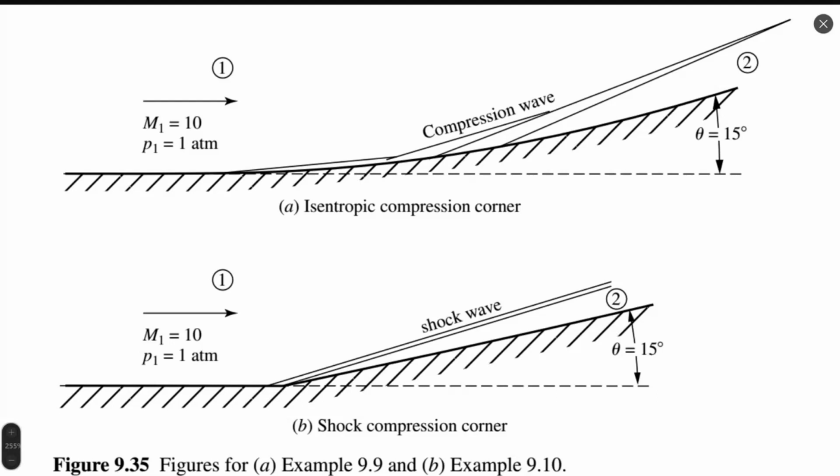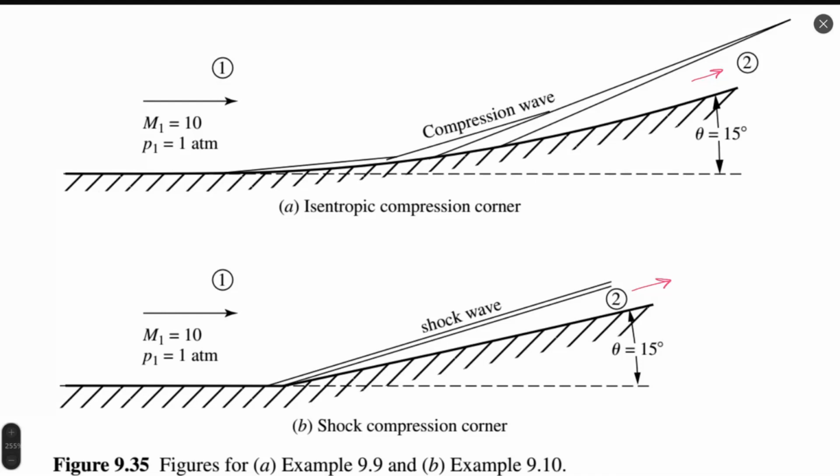So for both of these structures, we have the same direction of flow of 15 degrees and the same initial condition of Mach 10 and pressure of 1 atmosphere. And it's proposed to see how different the flow properties would be.